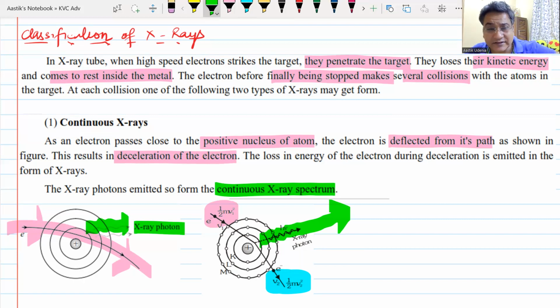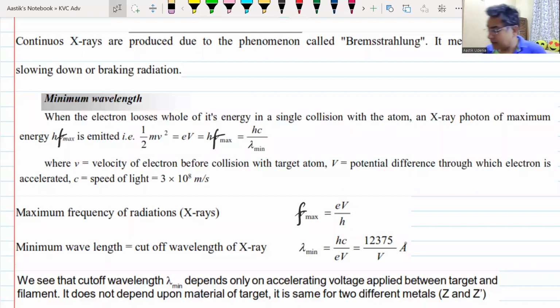So these continuous X-rays are obtained when the striking electron approaches the nucleus, and because of the electrostatic attraction, it is slowed down. This X-ray is known as continuous X-ray. I'll give you 2 minutes to note this down. Then we move on to the next important aspect.